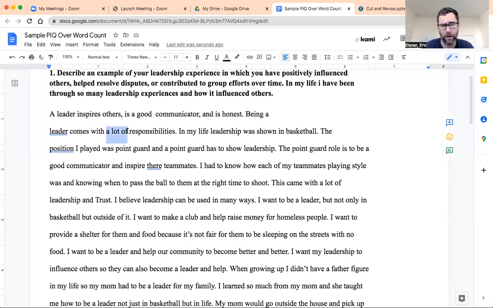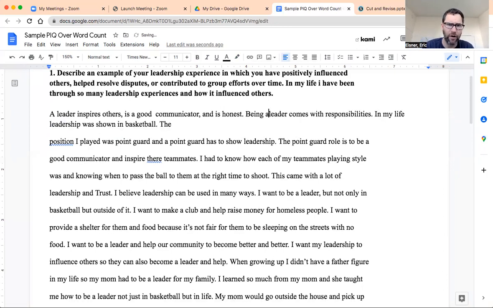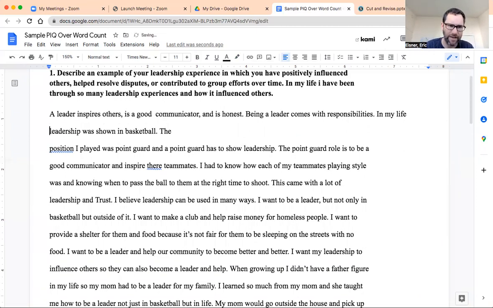I can get rid of 2 or 3 words here. I can use the word "many." So I changed it from "a lot of," which is kind of wordy, down to "many." I could also just get rid of "many," and have "a leader comes with responsibilities." You'll notice how much more gentle the writing is here. It's less wordy, it's easier to read.